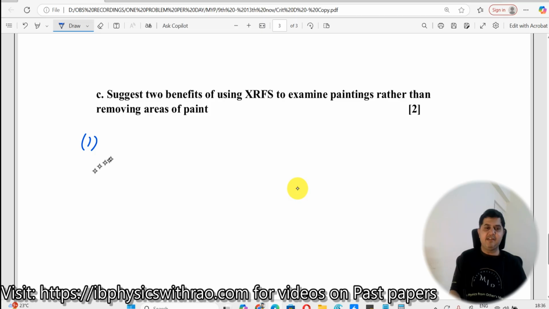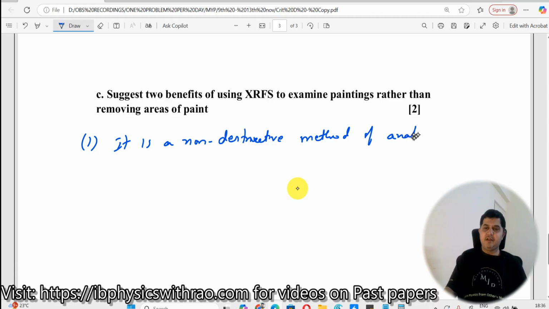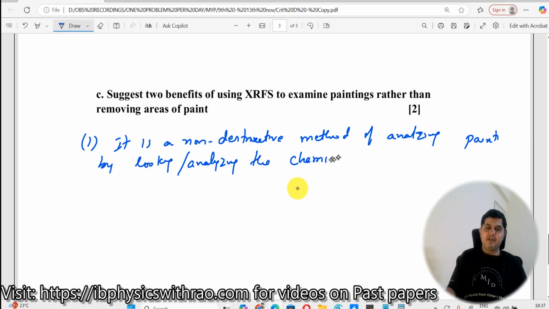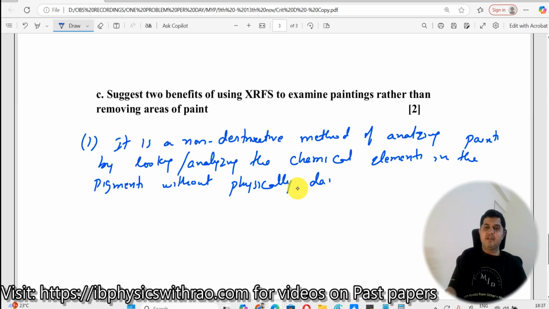The first one you can say is it is a non-destructive method of analyzing paints by analyzing the chemical elements, the pigments, without physically damaging the art.